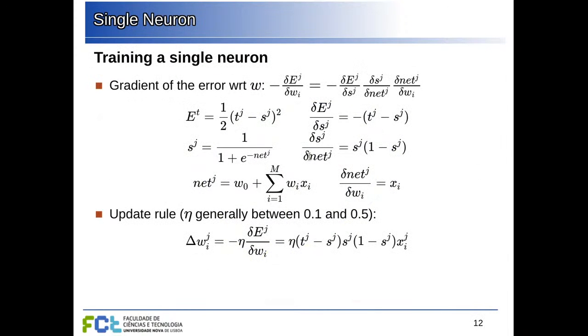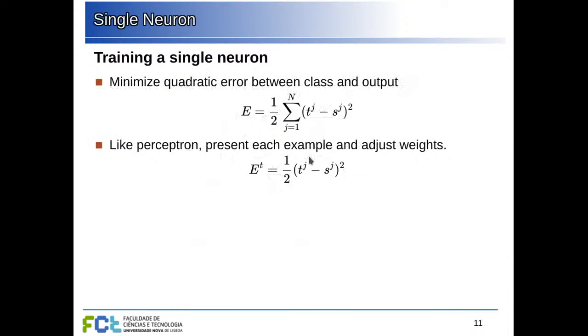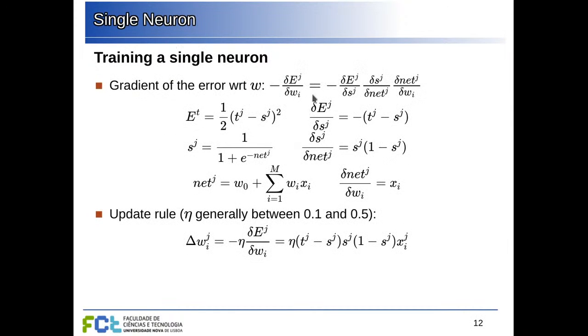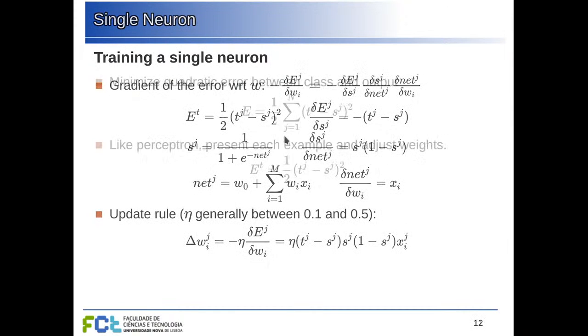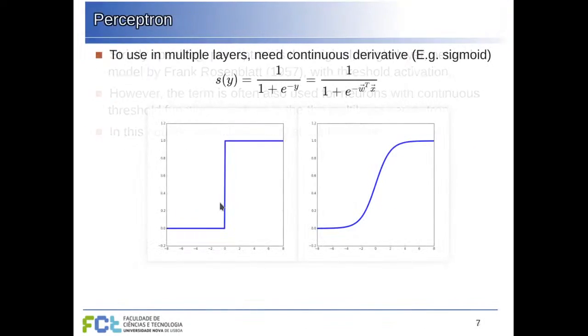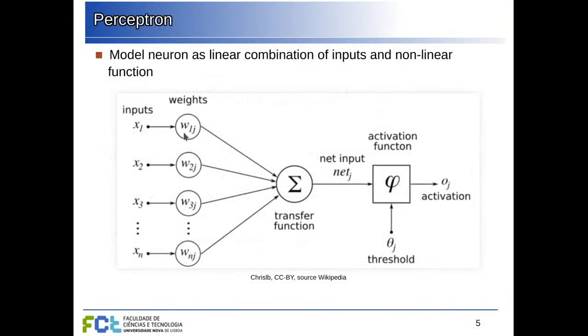And this we can know by the derivatives of the function. So we need to find out how to adjust each individual weight in a way that minimizes the error between the activation and the target value. So this is the quadratic error, this is the sigmoid function, this is a weighted sum, and all the way going back to the weights.